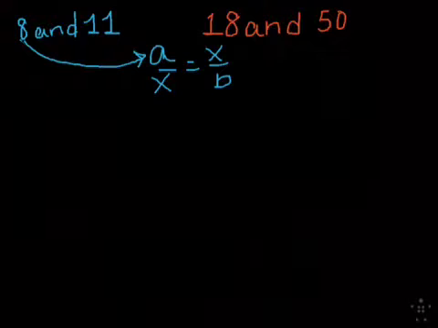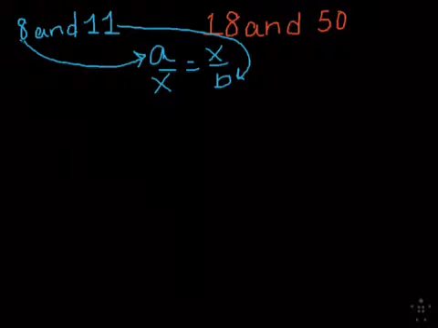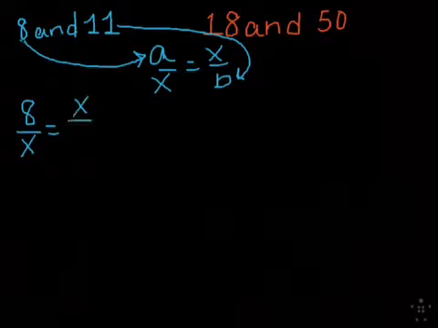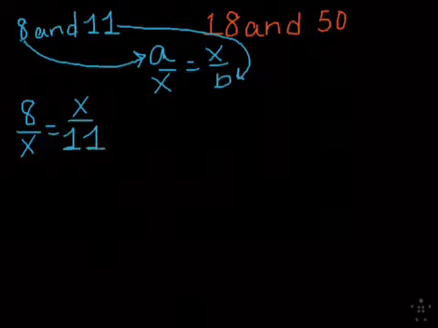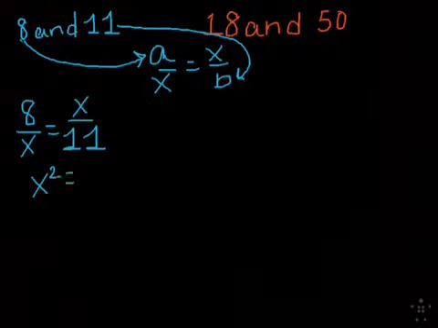So 8 could be a, 11 can be b, or vice versa. You just substitute them in and solve. So I have 8 over x equals x over 11. Cross multiply, so x squared equals 88.